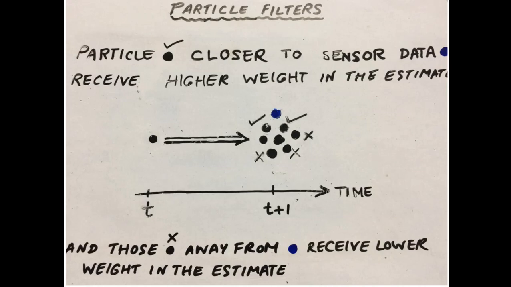In other words, the particles which are closer to the sensor data are more accurate in estimating the location. That is the message. Likewise, the particles which are away from the sensor data are going to receive lower weightage in the overall estimate.